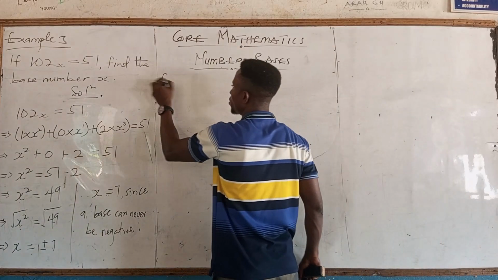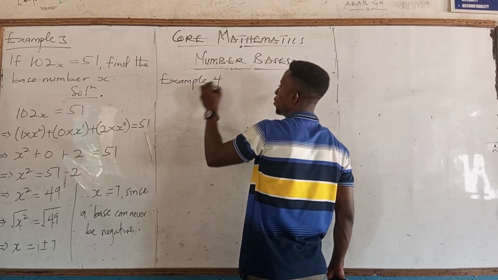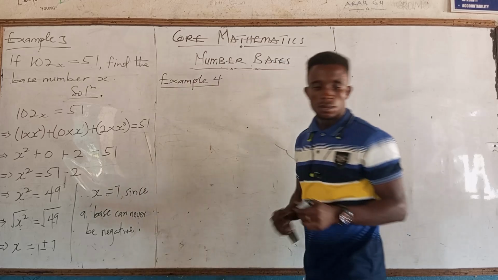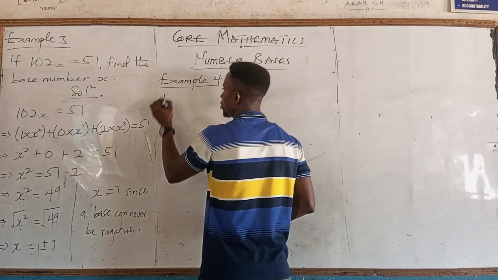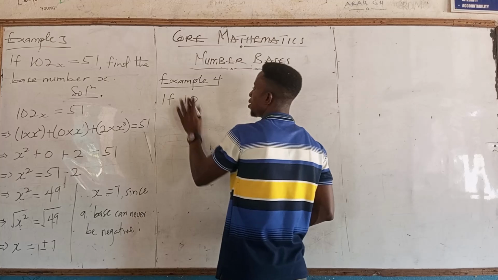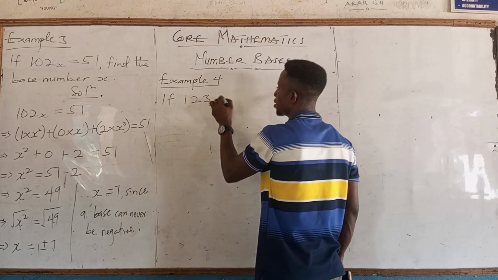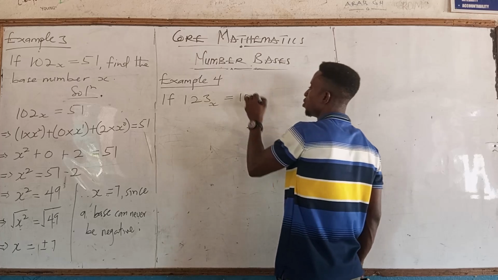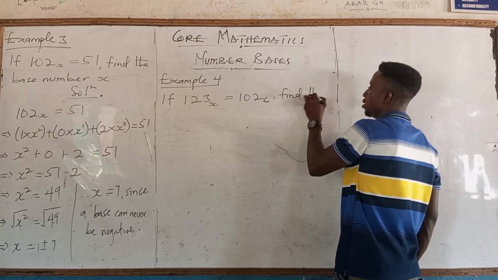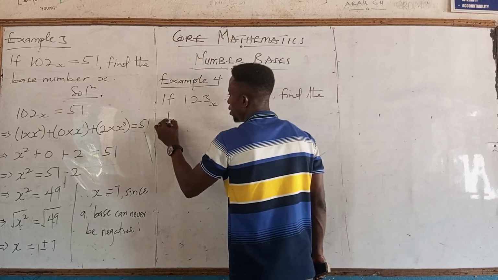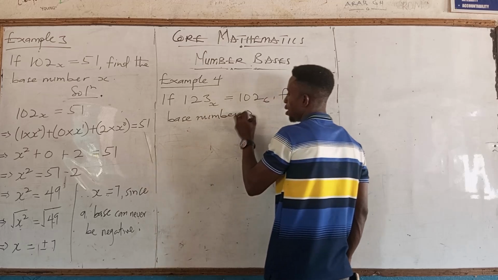Example number 4. And that one says if 23 base x is equal to 102 base 6, find the base number x.